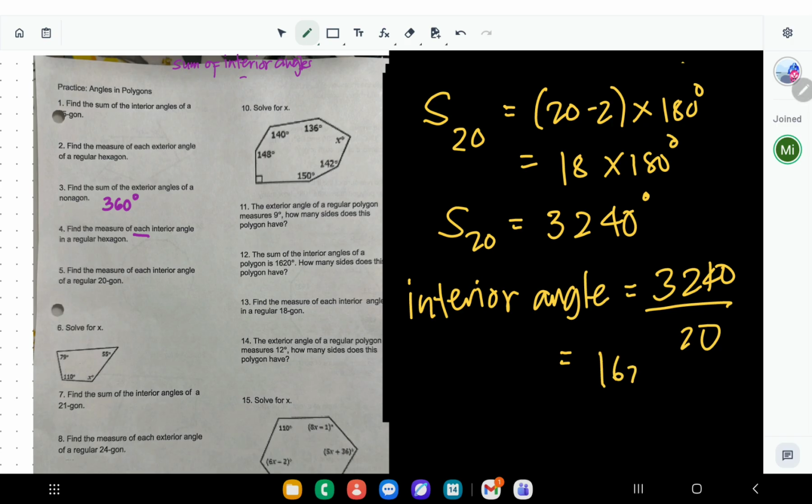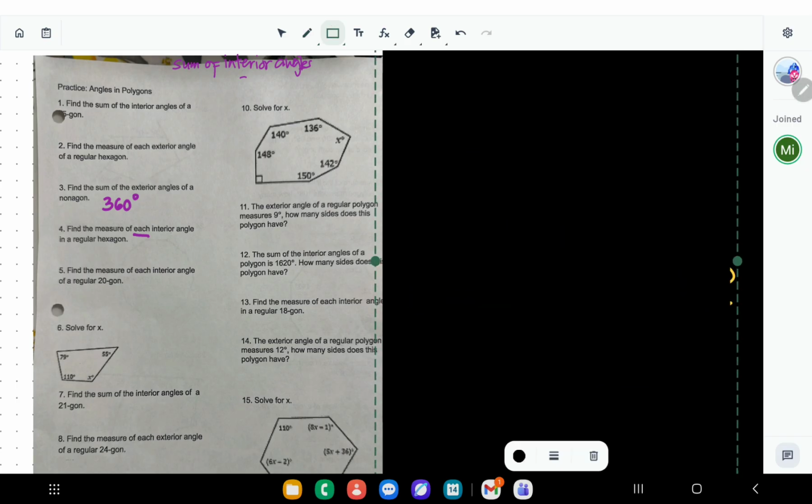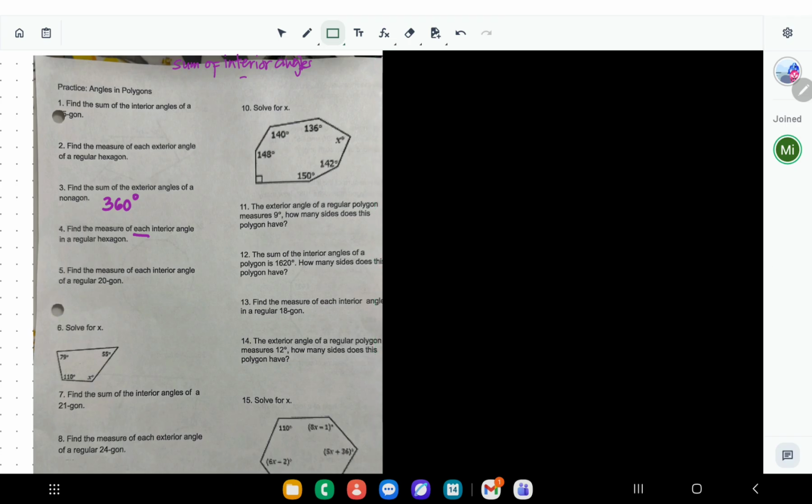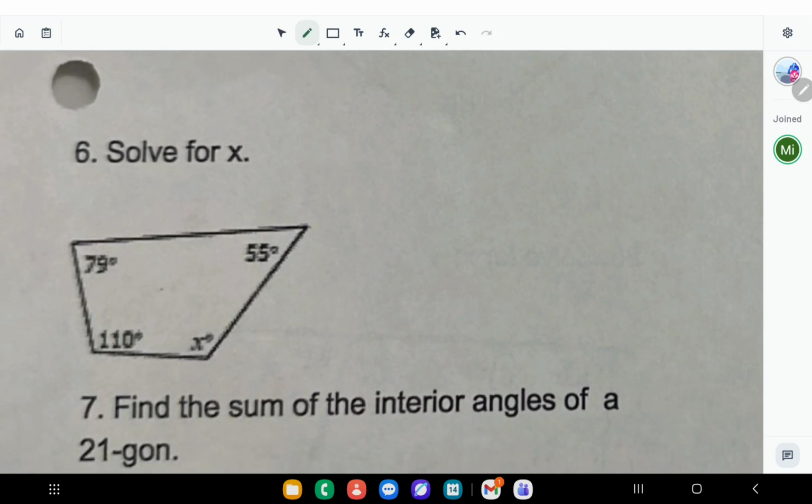Okay, so 162 degrees. That is the measure of each interior angle of a regular 20-gon. Then for number 6, no questions for 1 to 5? Then for number 6, solve for x.